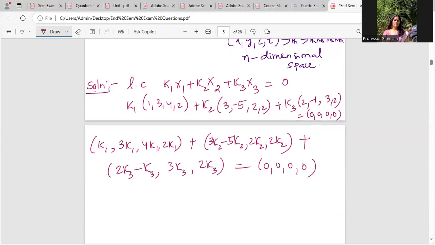Now I'll add the respective components as I have made a mention of it in the previous video as well. First component with the first component of all the vectors, second component with the second, third component with the third, fourth component with the fourth.